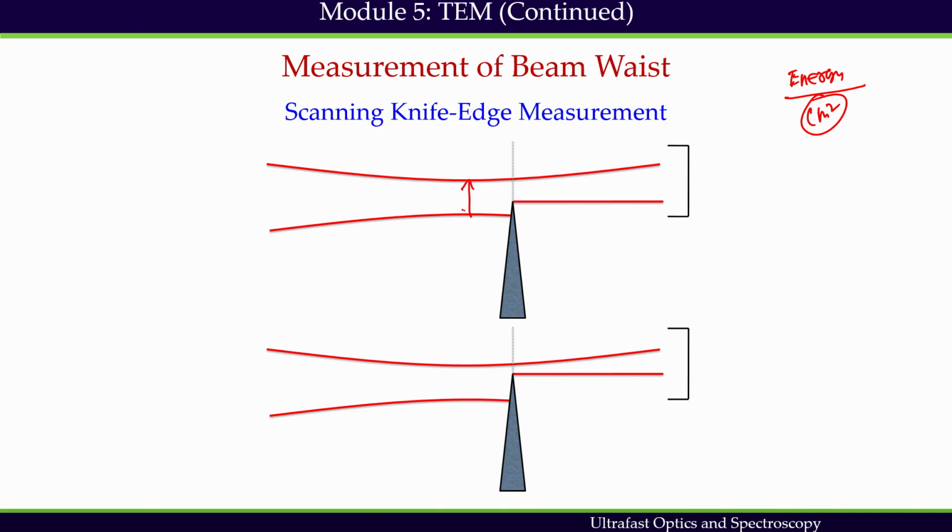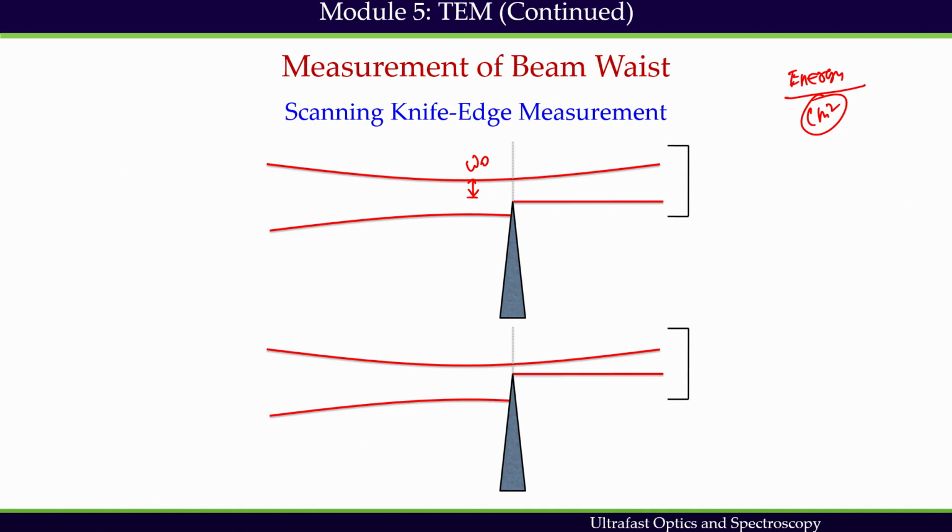Let's say this is my width, and I can express this width as the beam waist W naught. So the question is, how do I get the W value at different points of the laser beam? A technique called the knife edge method is widely used for measuring the laser beam width.